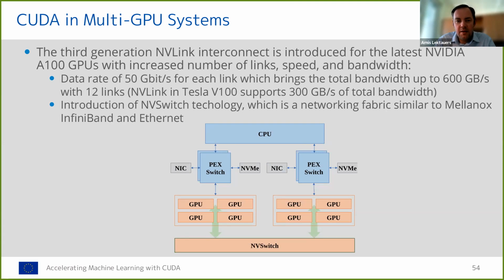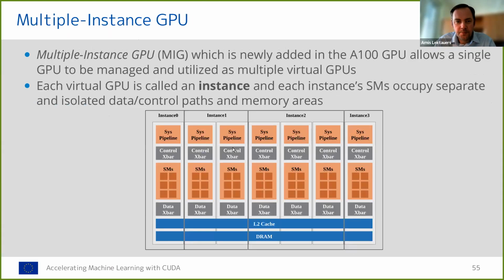And there is also introduced NVSwitch technology. It is something like InfiniBand and Ethernet technologies for low-level data transfer between GPUs, not just within one motherboard but between several motherboards.